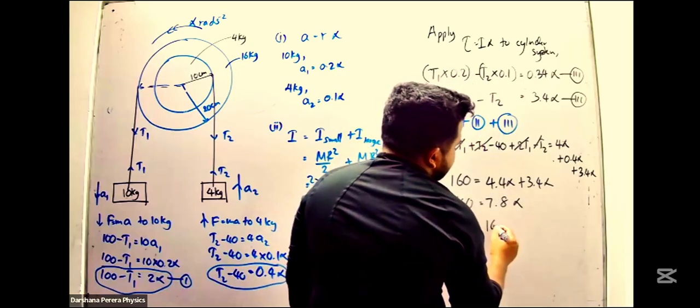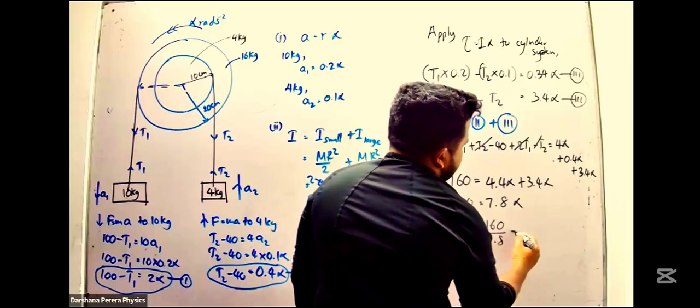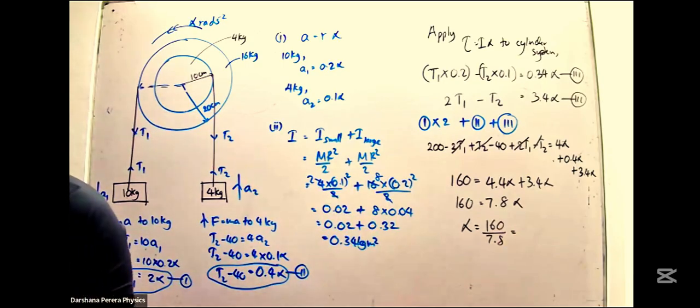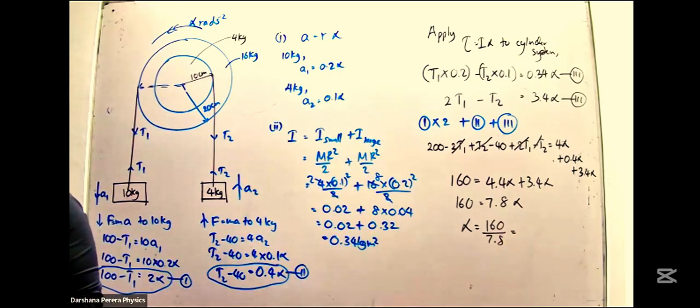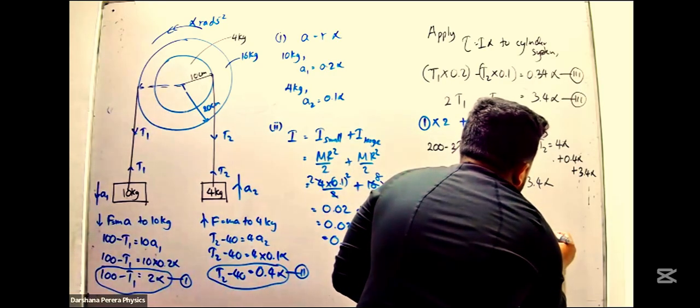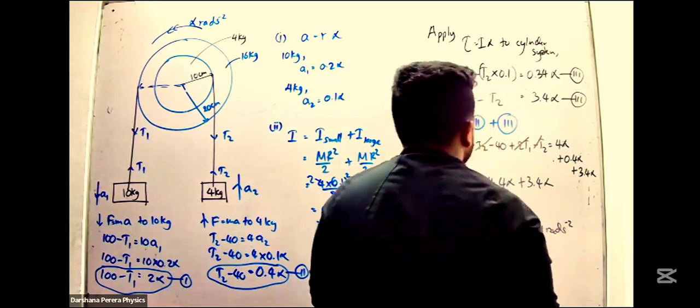Alpha equals 160 over 7.8, that means 20.51. Yes, your answer is correct. 20.51 rad per second squared.